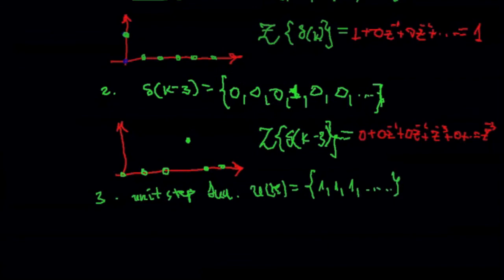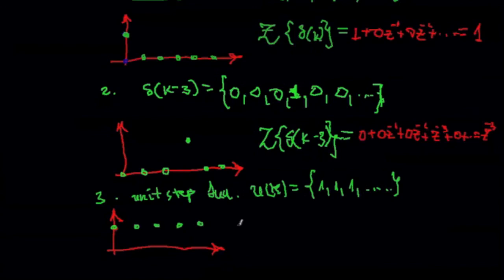So all ones. In the picture, we have 1, then 1, then 1, then 1, and so on.